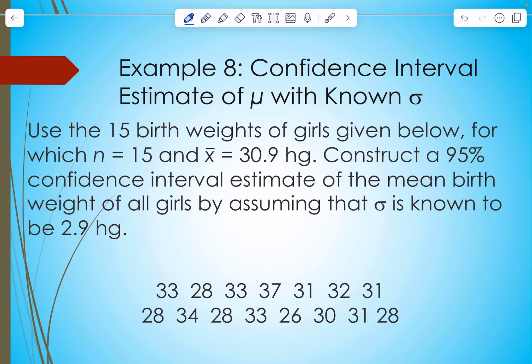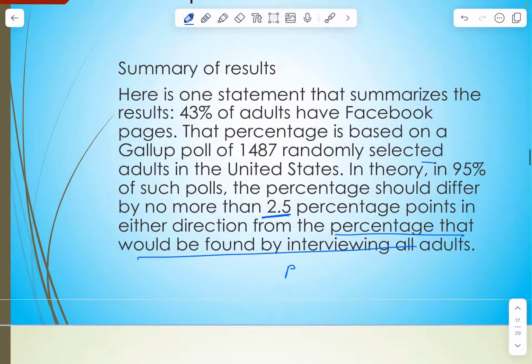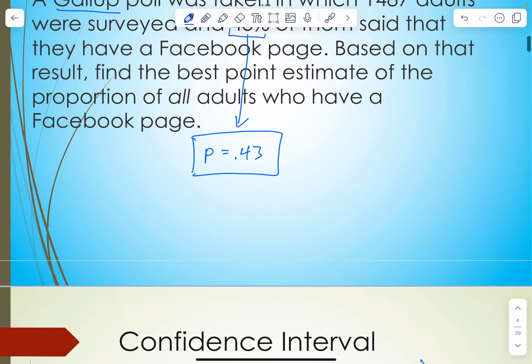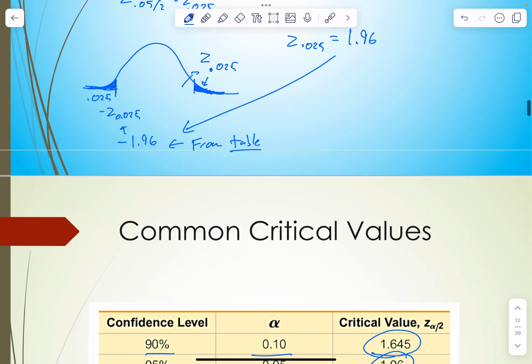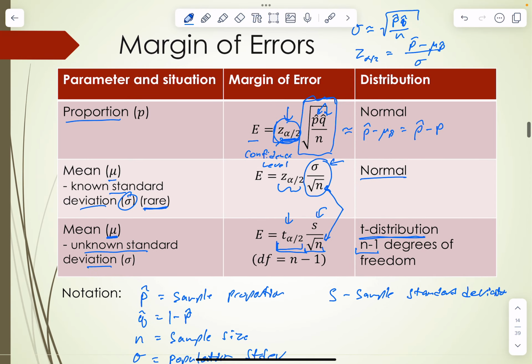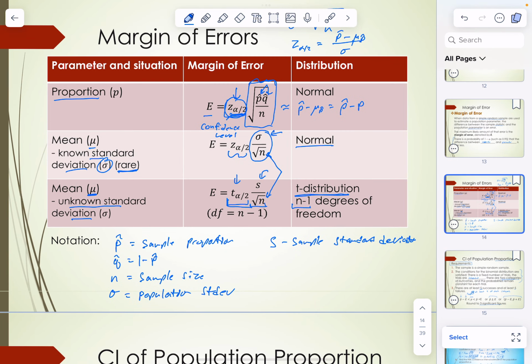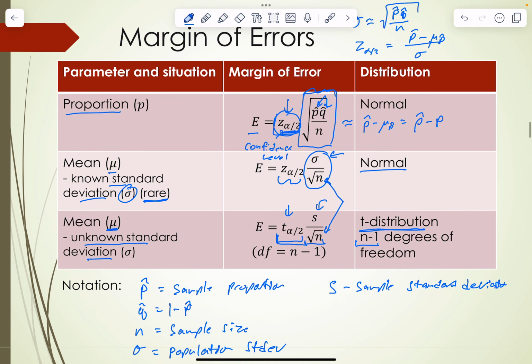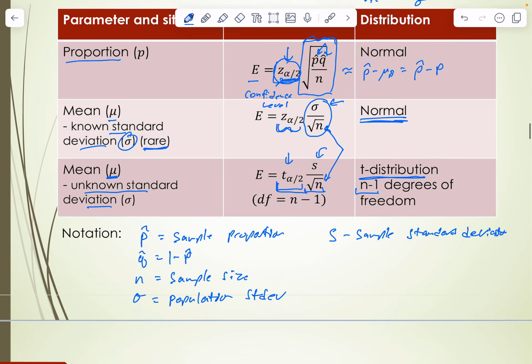If I go all the way back to my trusty table here, which I think I would like to bookmark, I see that with a known standard deviation, it is a normal distribution, and I just use z, sigma, and square root of n.